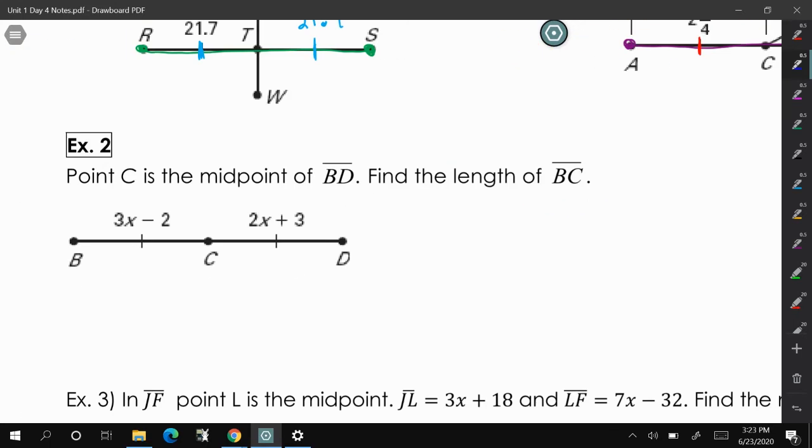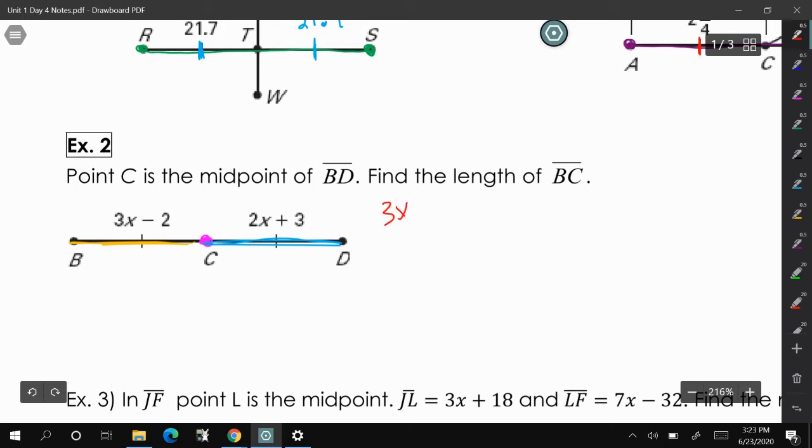Now example number 2 has some algebra in it. Point C is the midpoint of BD. Find the length of BC. So this is the middle, which means BC and CD are equal. Well, if they're equal to each other, put an equal sign between them.